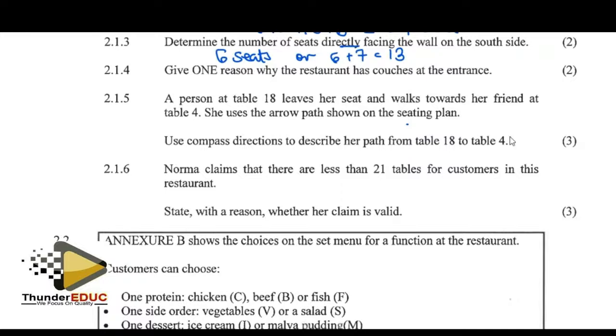Now when you hear compass direction, what comes in your head? You need to mention north, east, west, south. At the end, you're looking for news. So let's go there and we see table 18 is heading to table 4. Let's go and check on their next.